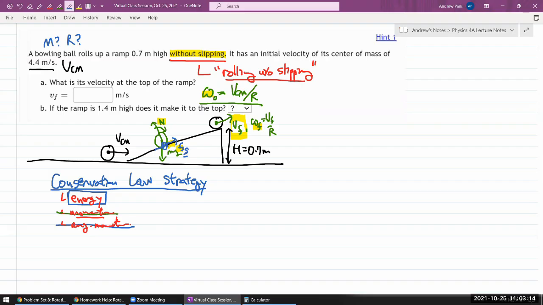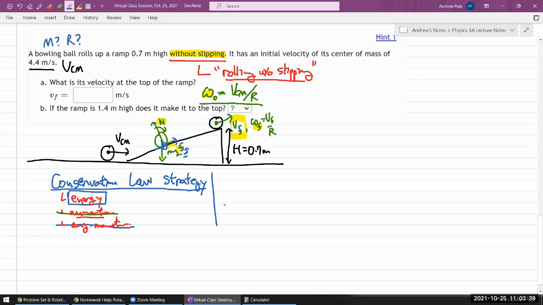So this friction force does something special. It transfers one form of mechanical energy into another form of mechanical energy, but it doesn't do any work that would take out mechanical energy into other forms of energy. So again, the important thing is that you convince yourself that energy is conserved.